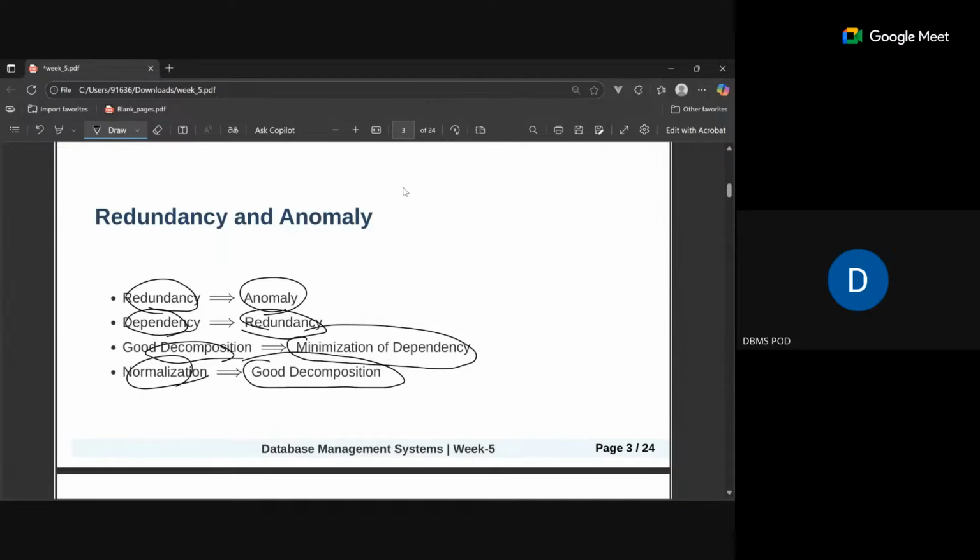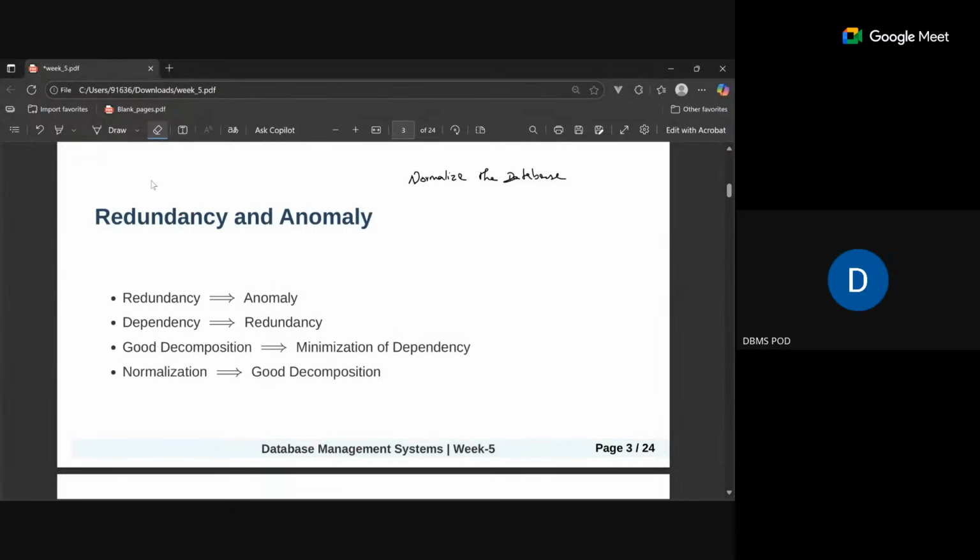So basically, what you want to do is normalize your database, which we will study in week 6. We will see how to normalize the design we have created, to check whether it is normalized or not, so that it removes redundancies and anomalies, because everything is interlinked, right?